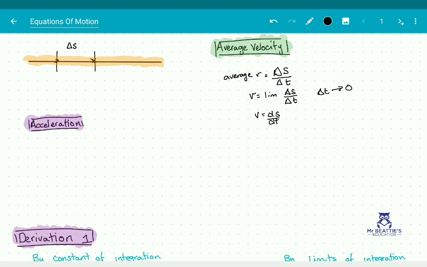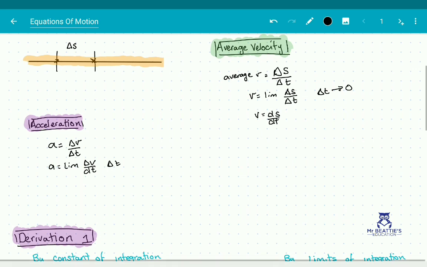Now we know that acceleration is the change in velocity over the change in time. And so using the same limit, with delta t tending towards 0 again, to get it as small as possible, acceleration will be equal to dv by dt.